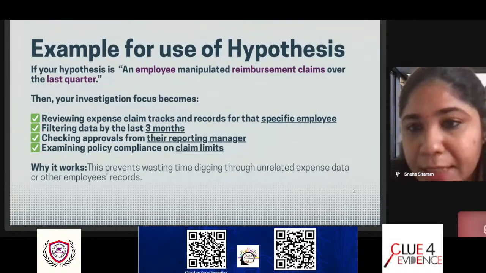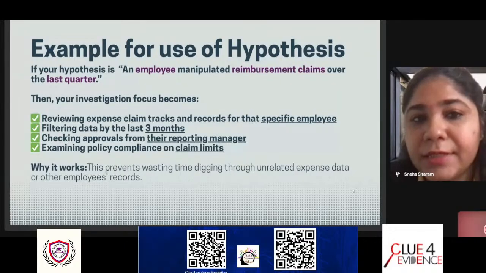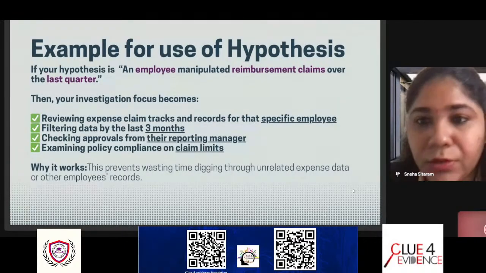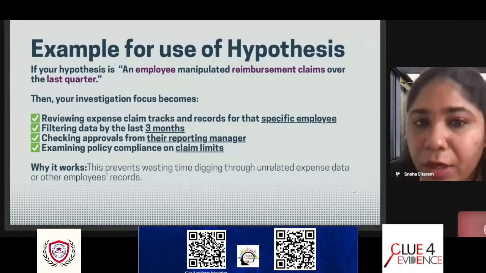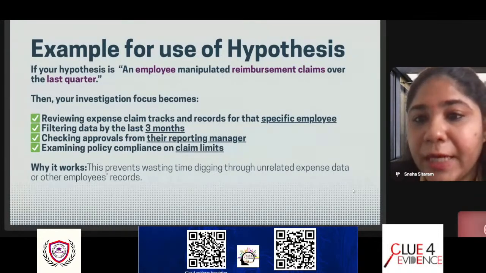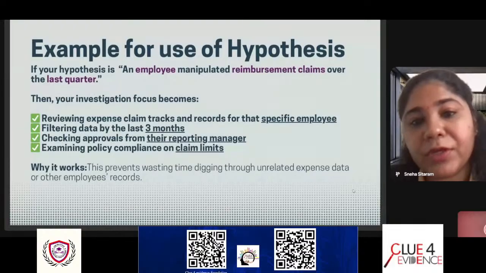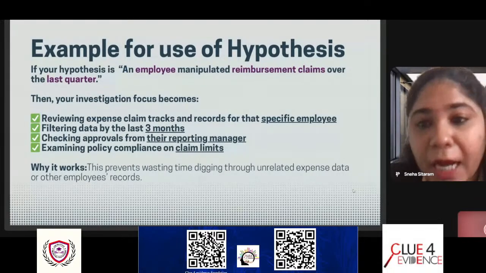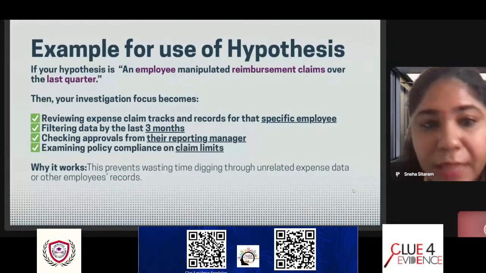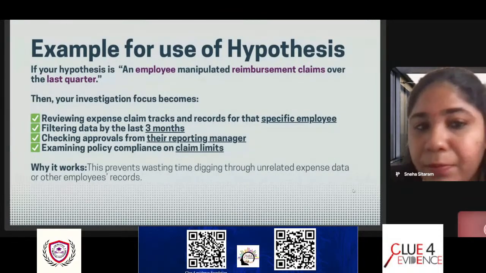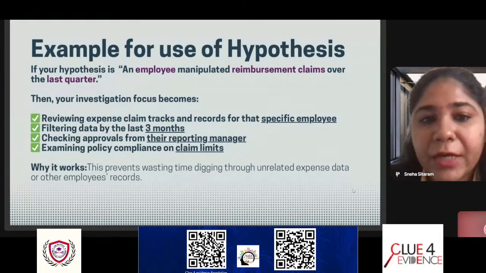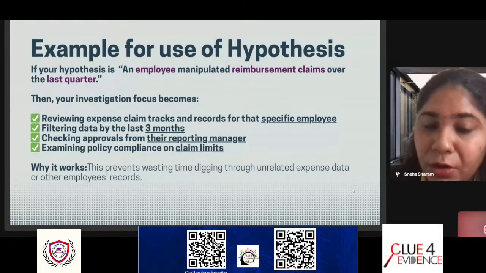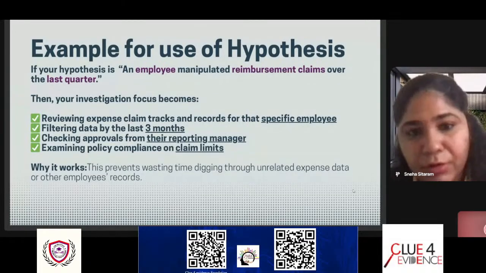So while picking the sampling for the evidences, that is, taking out the travel bills or the invoices, whatever documents relate to the reimbursement claims, if it is travel, then the travel bills, for that particular quarter, we filter that data and check the approvals, then examine the policies pertaining to the claim limits, and review the claim tracks and records, or how much he has claimed throughout that period.